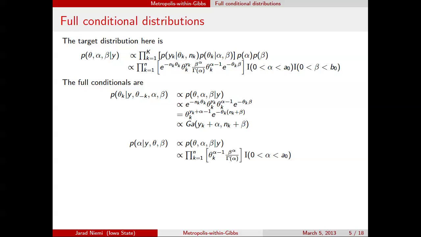Okay, so none of this involves an alpha. This doesn't involve an alpha. The indicator function there doesn't involve an alpha. So this is what we have. We can maybe simplify it a little bit to get that.